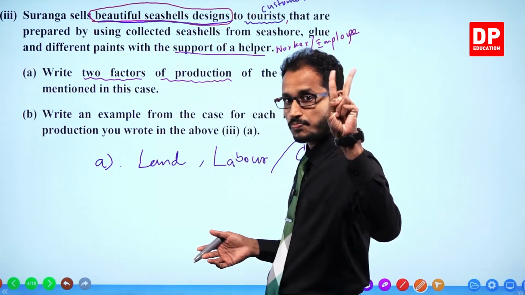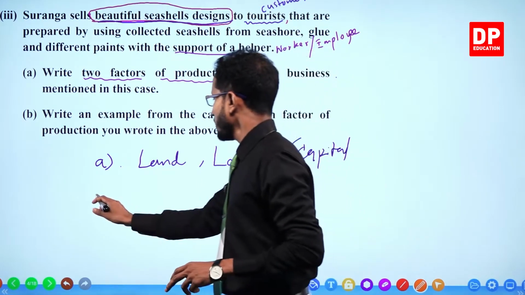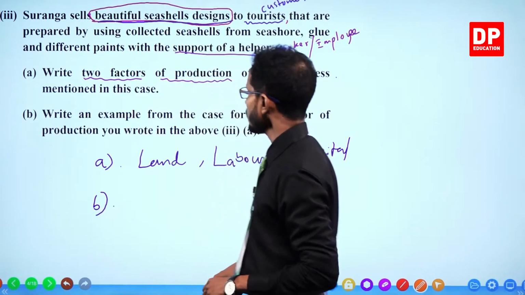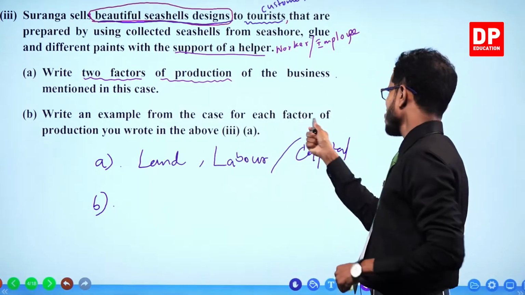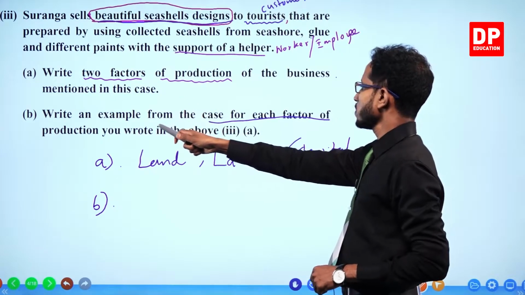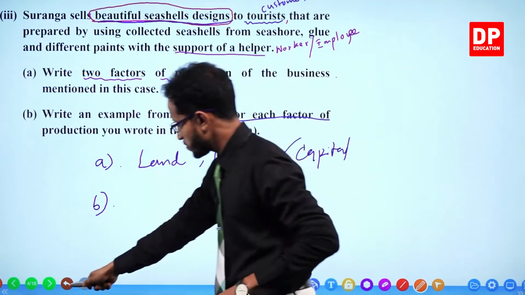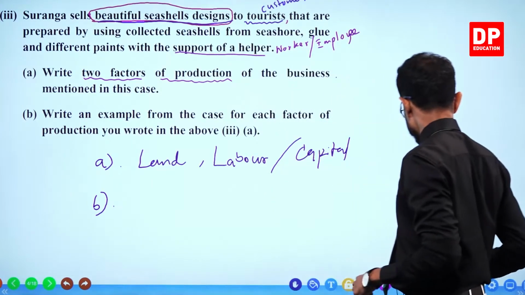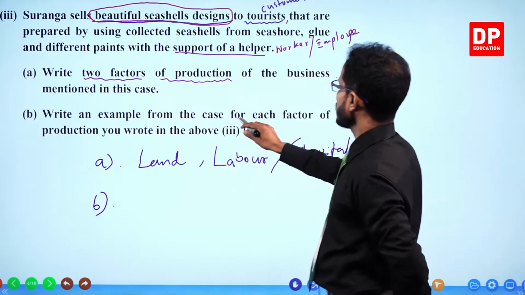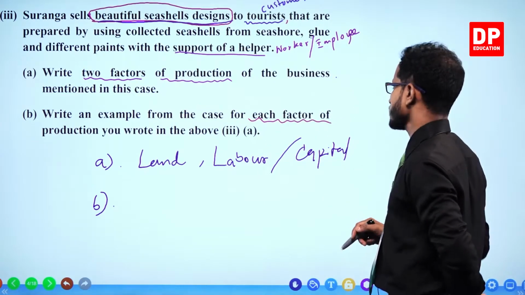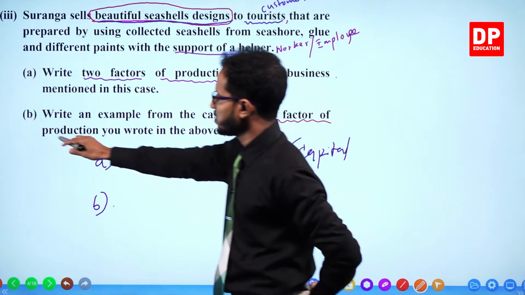Just write 2. Next part, B part, they're asking, write an example from the case for each of the factors you mentioned. Very nice. Write an example from the case for each factor of production.